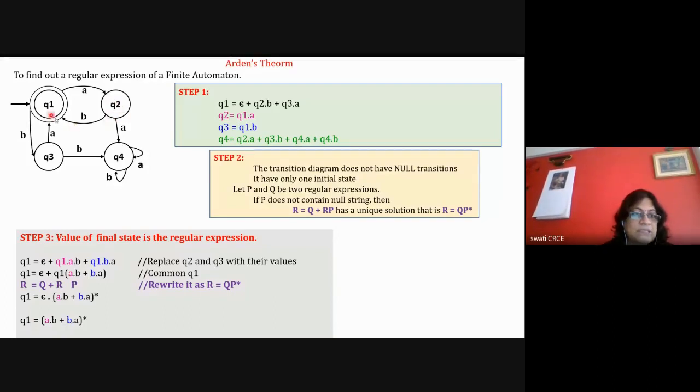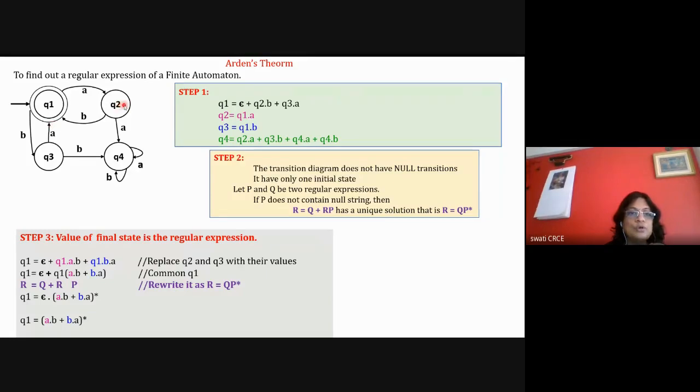Q2 has an incoming transition with B to Q1. So in the equation, Q1 is equal to epsilon, then for Q2 it is Q2B, plus Q3 with A going to Q1. So your first equation is ready. In step 1 you have to write down all the equations. For Q1, it is epsilon plus Q2B plus Q3A.